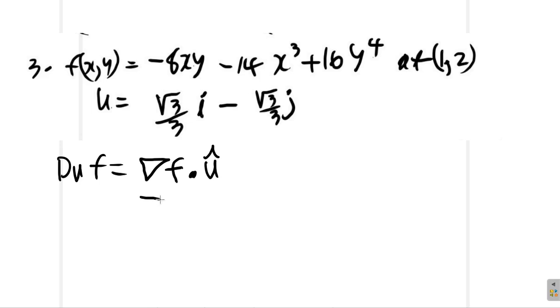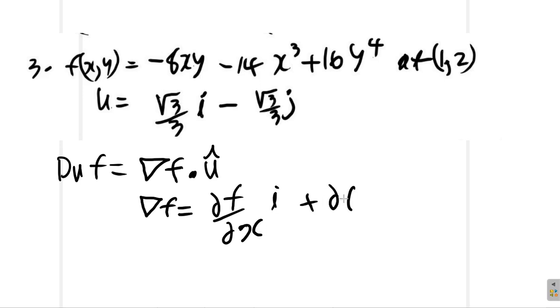Now, the gradient vector is going to be the partial derivative of the function with respect to x, i, plus the partial derivative of the function with respect to y, j.